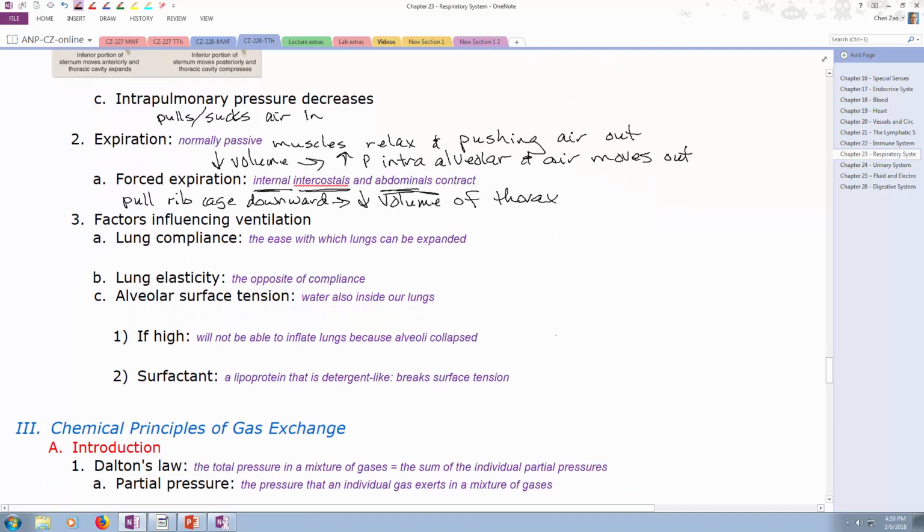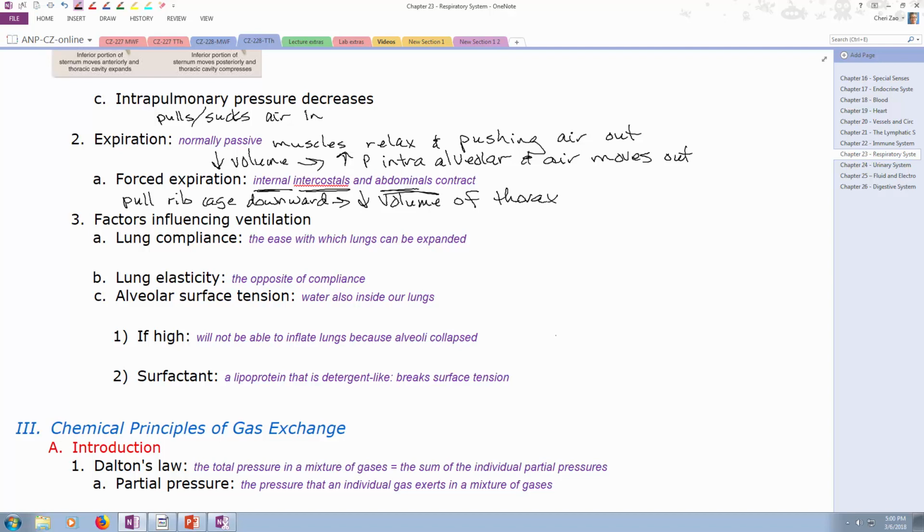Lung compliance is the ease with which you can expand your lungs. You know various balloons that you've had to blow up that have never been blown up before. What do you think about the compliance of a balloon that has never been blown up compared to balloons that have been blown up several times?